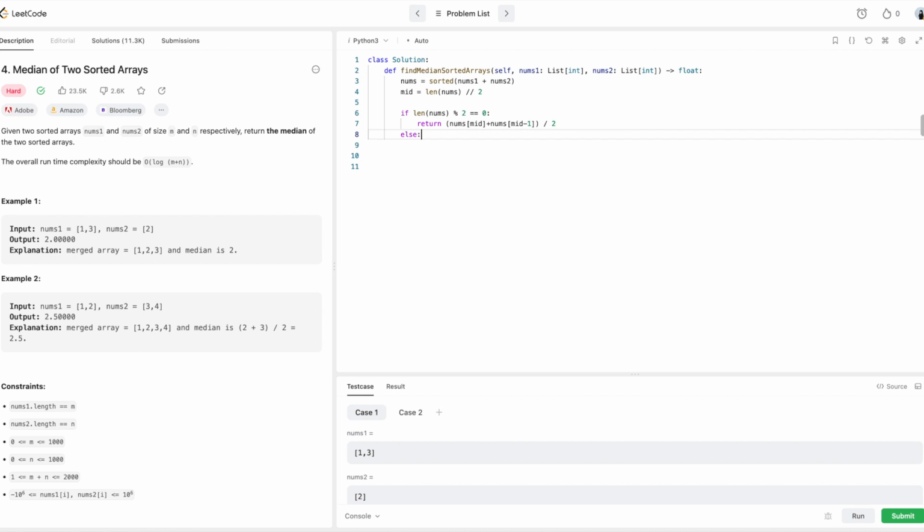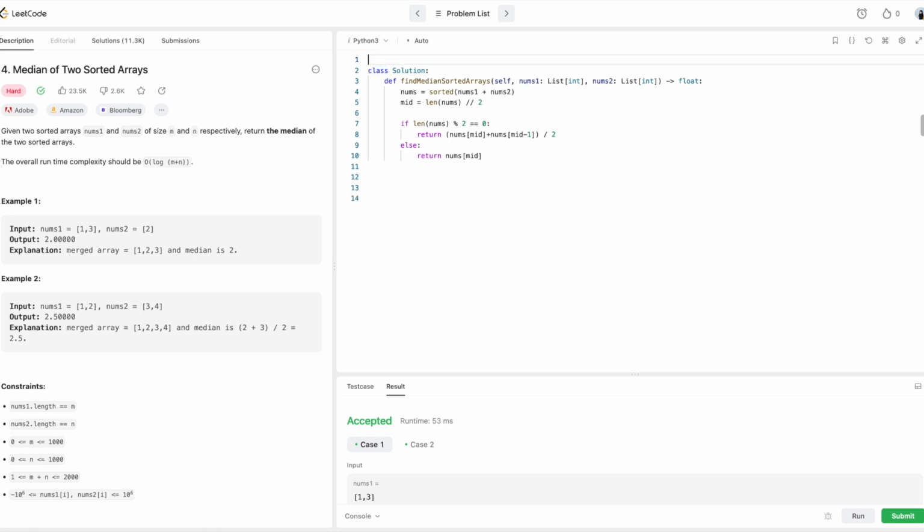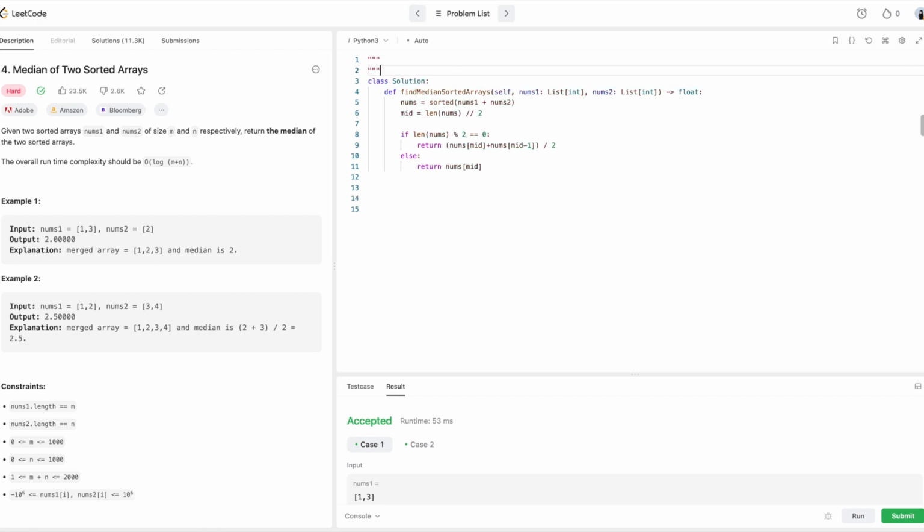And in the else case, that it's odd, then we just need to return the middle number like this. So we just return nums[mid]. So this is the brute force solution. However, this doesn't fulfill this question's time complexity.